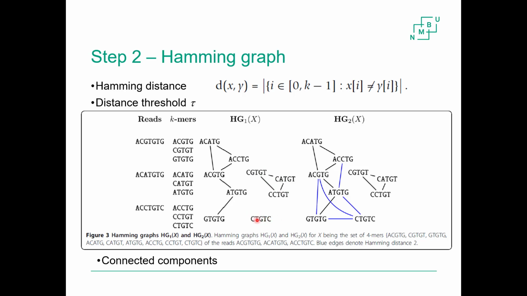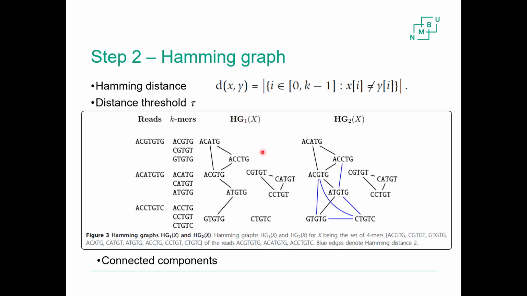It's alone. It's too different from all the others. And here you get a similar thing, but here the threshold is 2. So now there will be more edges, and that's the only real difference. The bigger you make the threshold, the more all k-mers start to connect with each other, of course. But let's stick to this threshold 1.